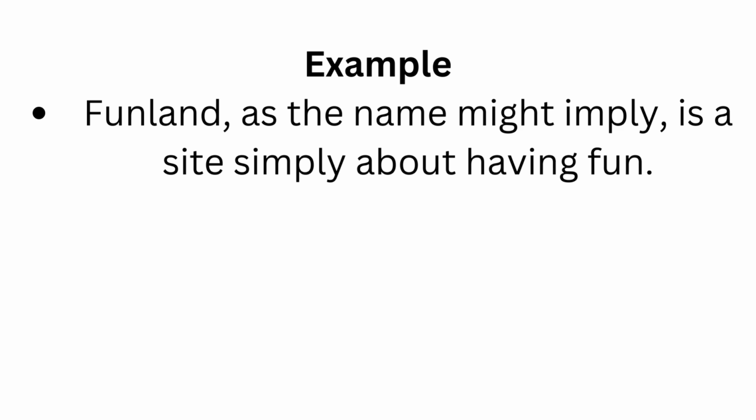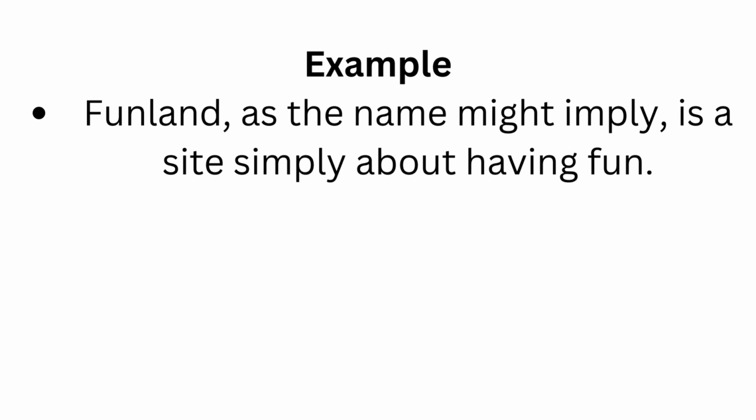For example, Funland, as the name might imply, is a site simply about having fun. So it is implied from the name of this park, Funland, which suggests that there must be something to have fun with in that park. So, imply does not always mean to convey information through words, but something can also be implied through activities, through visualization.